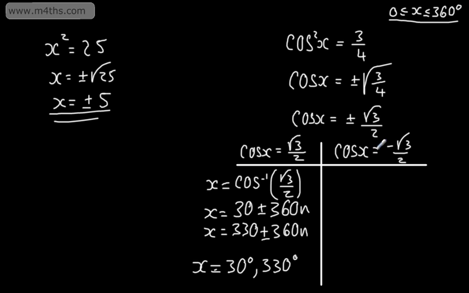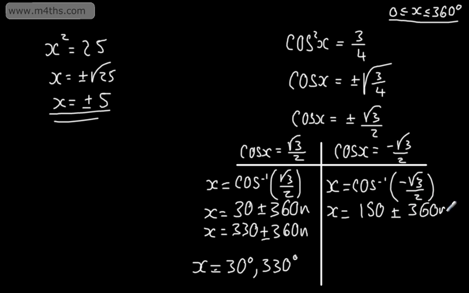So they're the solutions that arise from the positive root. At this stage, what we're going to do now is take the inverse cosine, so x is equal to the inverse cosine of negative root 3/2. This is going to give me a principal value for x, and x is going to be equal to 150 degrees plus or minus 360n, so multiples of 360.